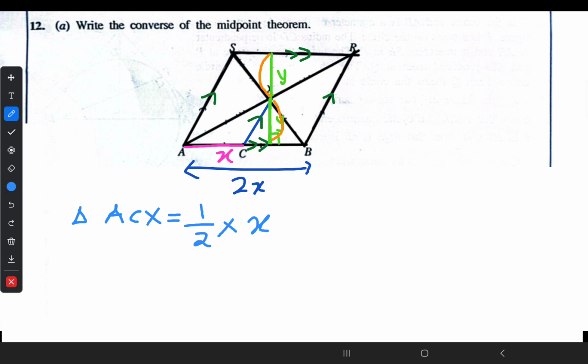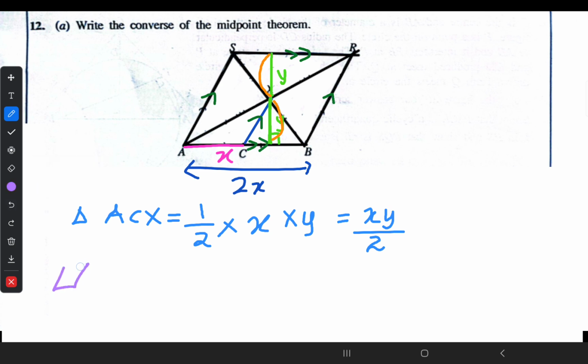Half into the base x into the perpendicular height y. So we have a relationship: if we know x and y, we can find the triangle's area. So xy divided by 2. This is the equation.